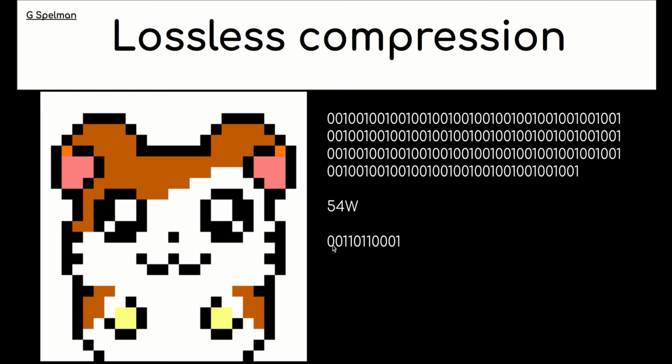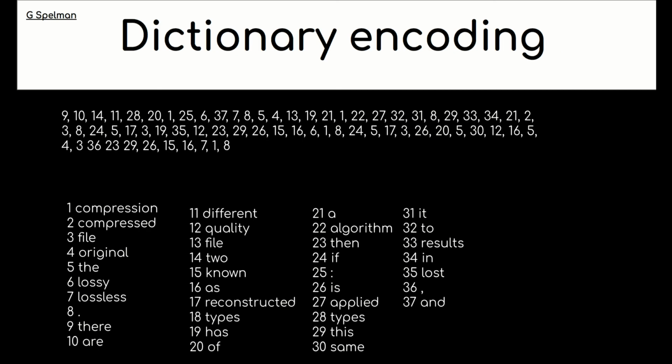So what we could have done was just put the denary number 54. So the first 8 bits here is just the denary number 54, and then the code for white. So we've taken all of that and compressed it down to there, but we haven't lost the quality. We still know that means 54 white pixels. So that's an example of lossless compression. This is another example of lossless compression.